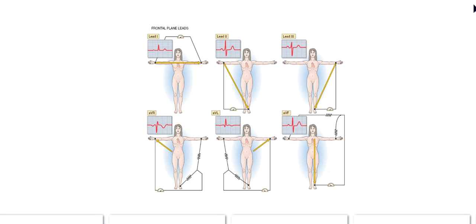Because your normal current is going to flow toward this direction, you would see positive deflections in several of your leads, especially in your aVF as well.